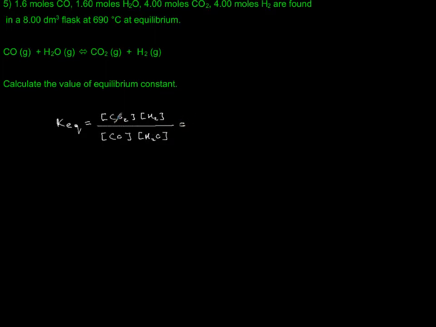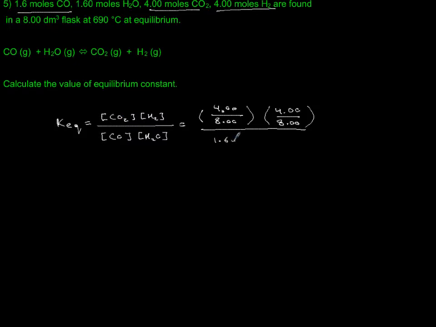So for CO2, I have 4 moles divided by 8 decimeter cube, so it's 4 divided by 8, multiplied by, for hydrogen, I also have 4 moles in the same container, so 4 divided by 8, divided by, for carbon monoxide, 1.6 moles divided by 8 decimeter cube.